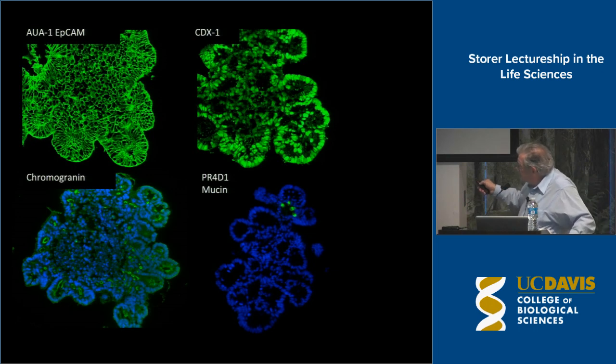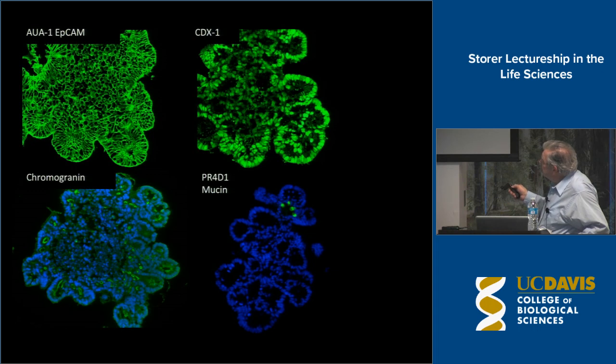We find that this is an antibody we made many years ago. It's very good, and it stains essentially all the cells, and it's a membrane antibody. This is an antibody we made against CDX1, and it stains these cells quite well, and it particularly stains them in this periphery, suggesting that these are really the differentiating enterocytes.